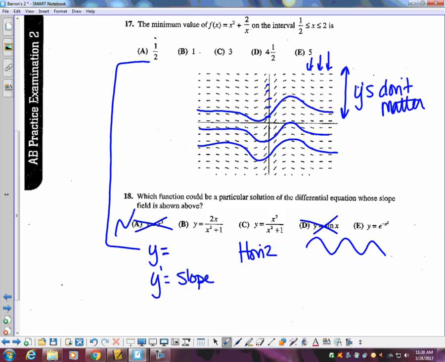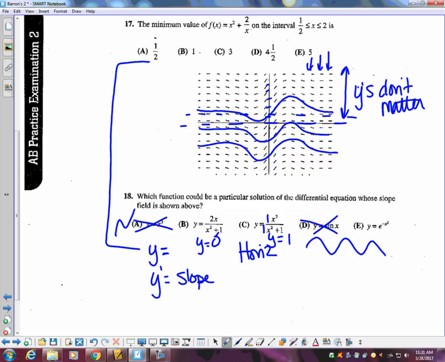If I'm looking at B and C, the top degree is bigger than the bottom, then I don't have any horizontal, and I need to have a horizontal. Well, this one's good. It would have a horizontal at y equals 0 because the bottom's bigger. And this one would have a horizontal at y equals 1 because the degrees are the same, so it'd be 1 over 1. Well, that could happen on either one. I could have a horizontal asymptote here, or I could have a horizontal asymptote here.